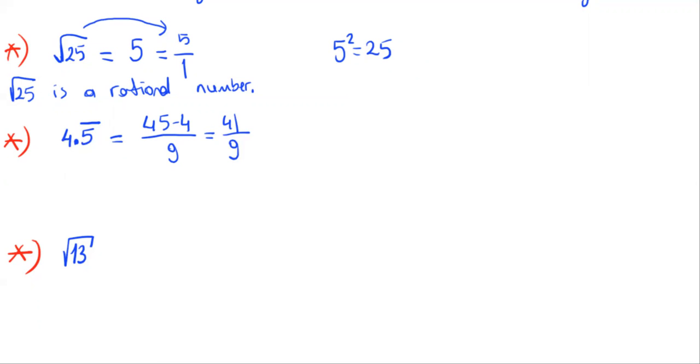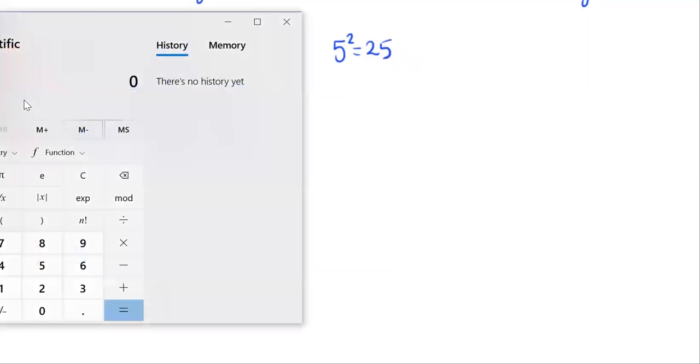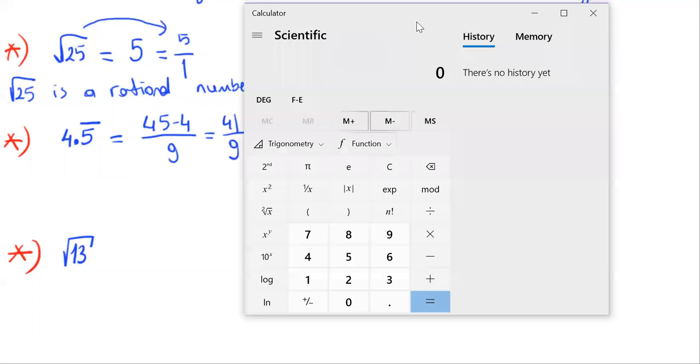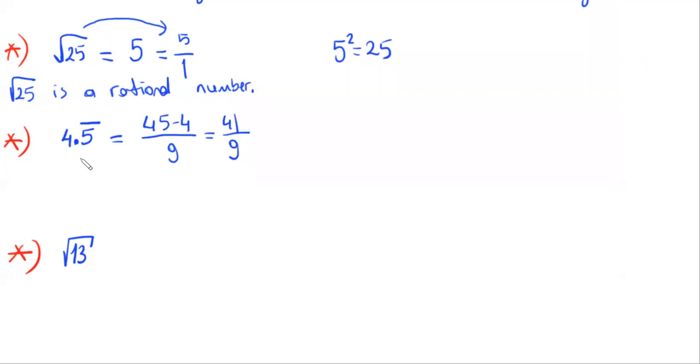So we can use our calculator to see if that's really correct or not. Okay, so let's divide 41 by 9. As you see, we get 4.5 and 5 keeps going on forever, which is 4.5, and we're going to put a bar above 5. So that means I can write 4.5 repeating as a fraction.